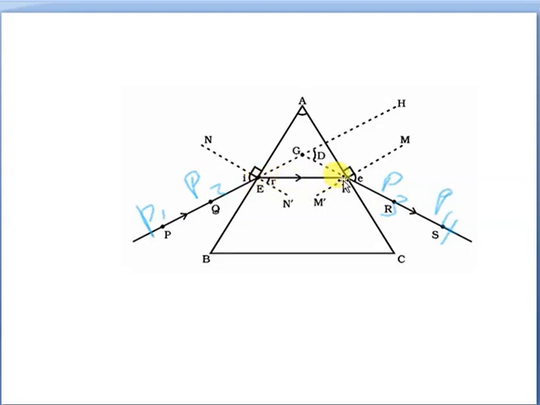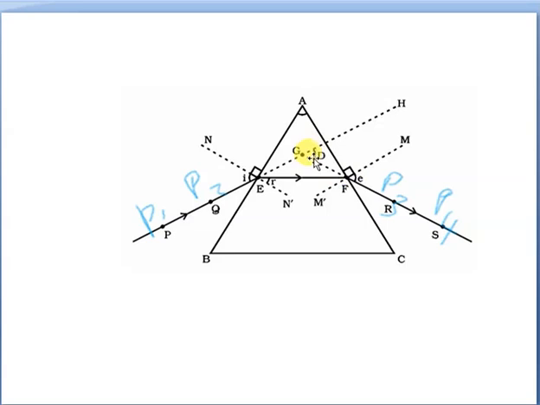Now from here you can measure your angle of incidence using your protractor, that is angle I, which we have already measured. You can equally use your protractor to measure your angle of refraction, which is R. Then equally you can measure the angle of emergence, which we call E. Another angle we can measure here is our angle of deviation.